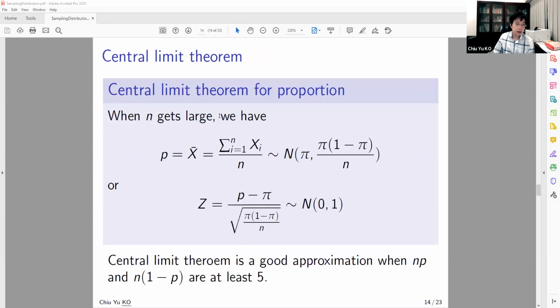The central limit theorem for proportion will be the same: pi times 1 minus pi over n.